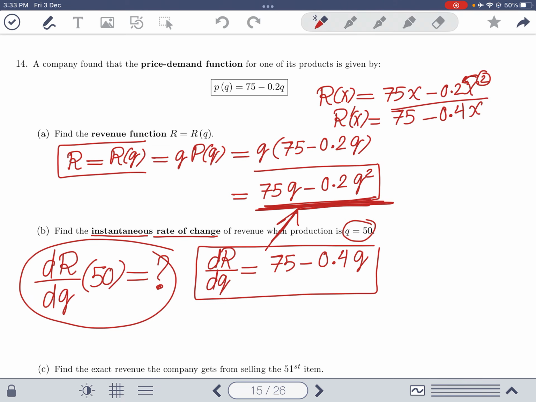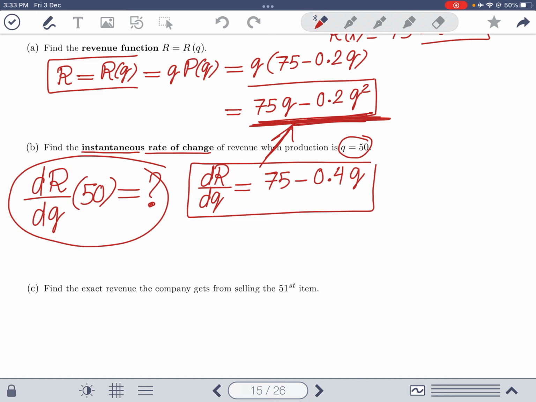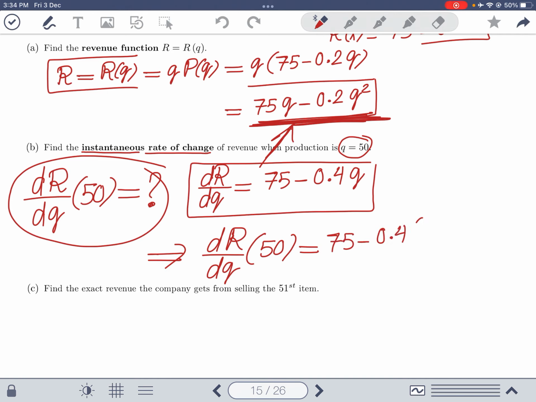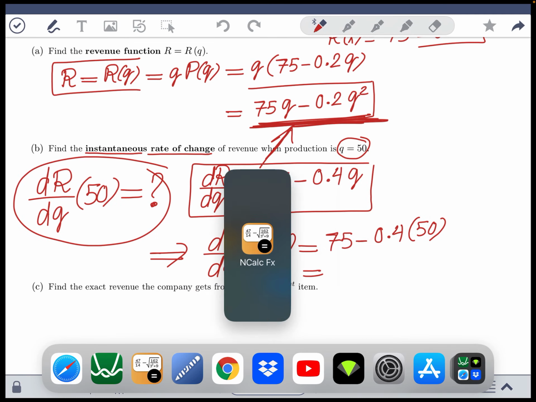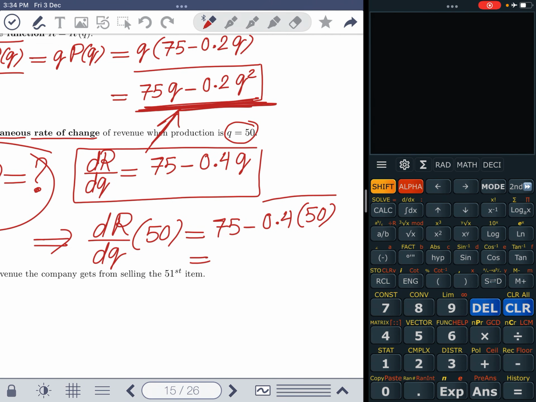So this is the derivative, and now it means that the instantaneous rate of change, or the derivative, when Q is 50, will be 75 minus 0.4 times 50. Even though it's simple, you can do it in your head. 0.4 times 50 is 20, sorry, it's not 10, 20.